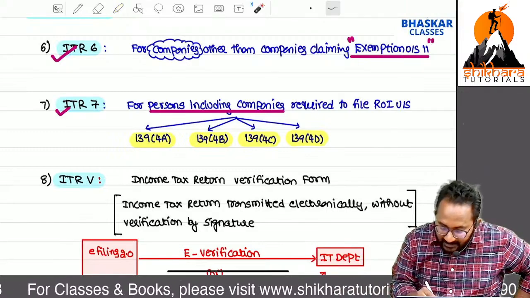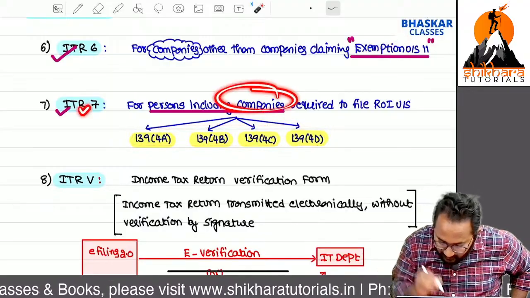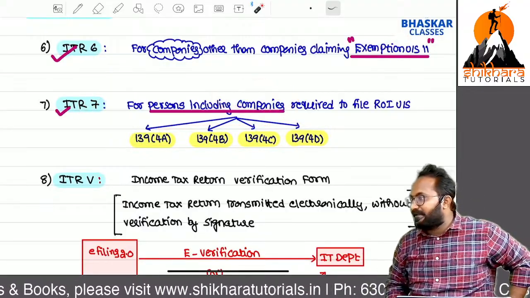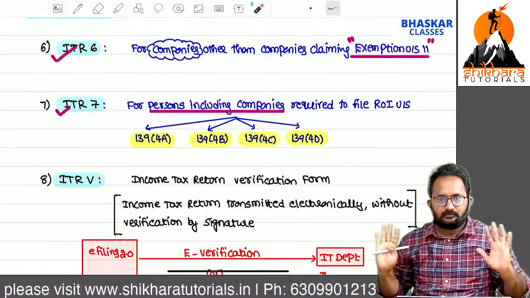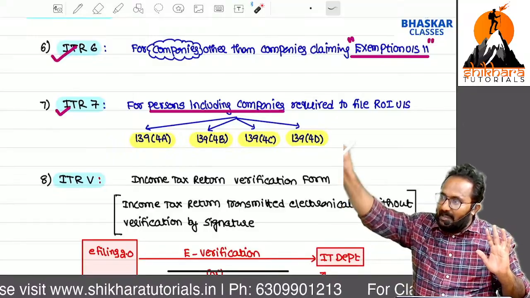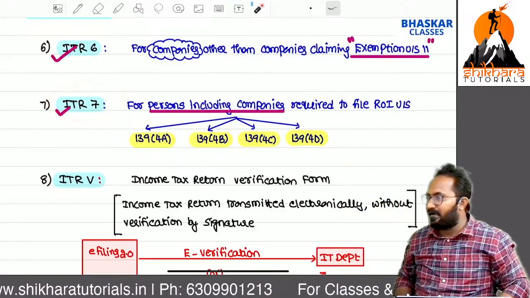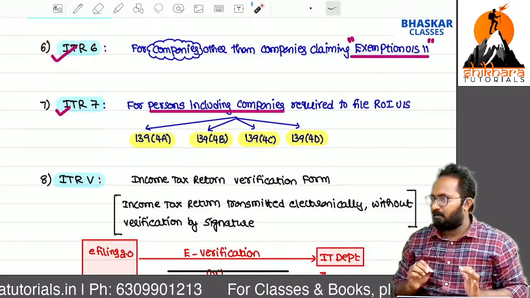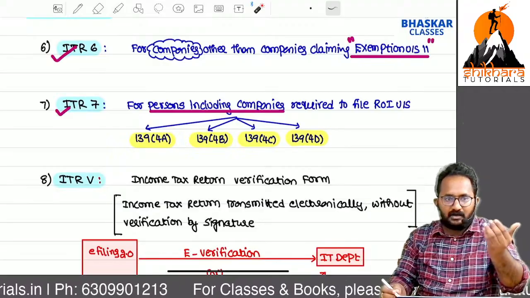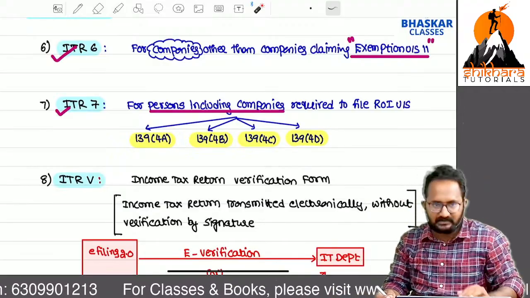In some cases, if any company claims exemption under section 11, it will also go with ITR 7. So companies can be classified into two: a company claiming exemption under section 11 goes with ITR 7, and normal companies go with ITR 6. In Companies Act language, these are section 8 companies.